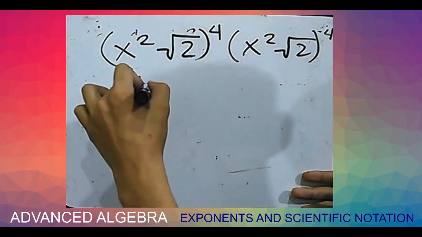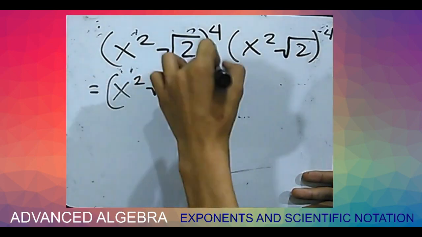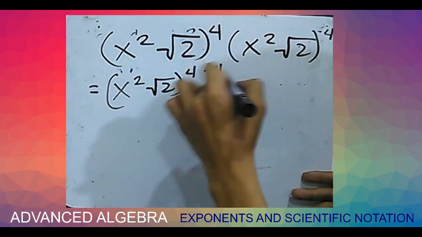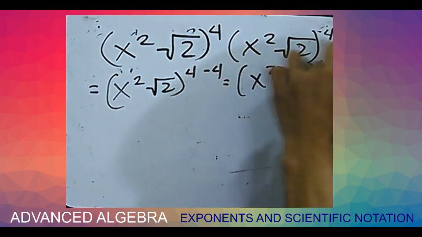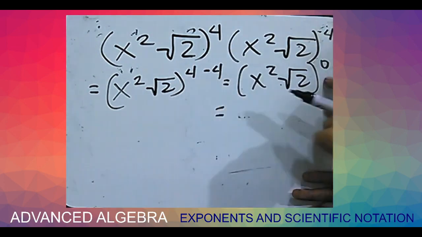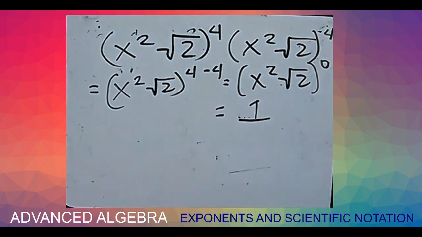So, x squared, the square root of 2, then 4 minus 4. Magiging x squared, the square root of 2, to the 0 power. Di ba pag yung exponent ay 0, ang sagot diyan ay 1. So, automatic 1 ang sagot diyan, kahit ano pa yung nasa loob.